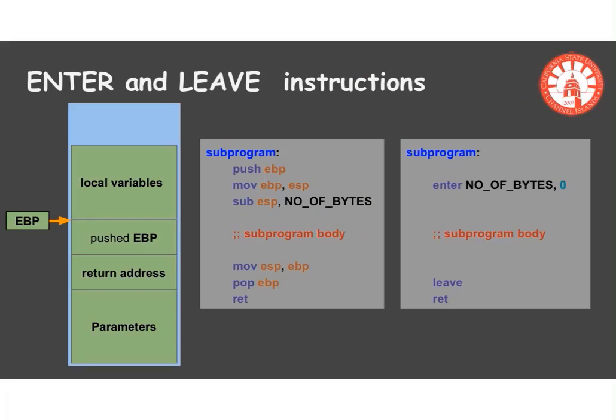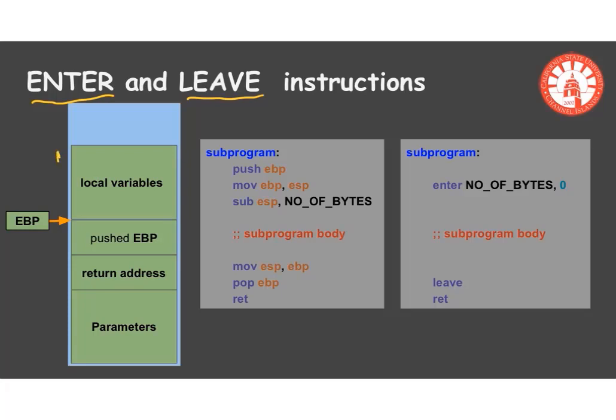Now that we know how the calling conventions are in assembly and C, and the integration of these two different languages, it is time to talk about the enter and leave commands that we have been using in our template assembly file. So what do these enter and leave commands tell us?